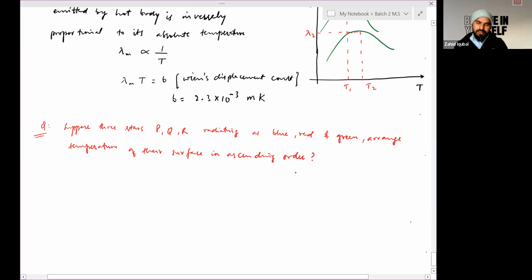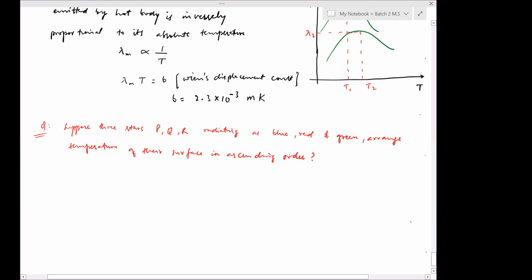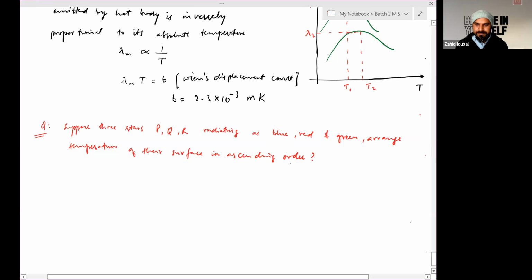Asma, just tell me which is the longest wavelength in these three terms. Samara, you have to arrange the temperature of the stars. Yes, Asma?